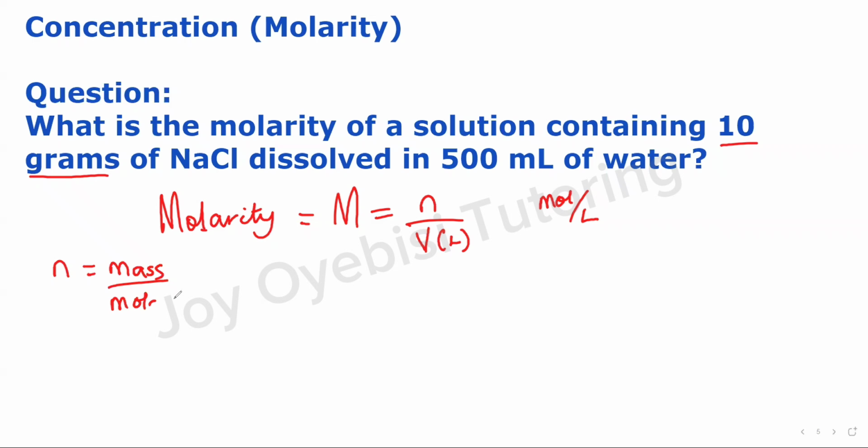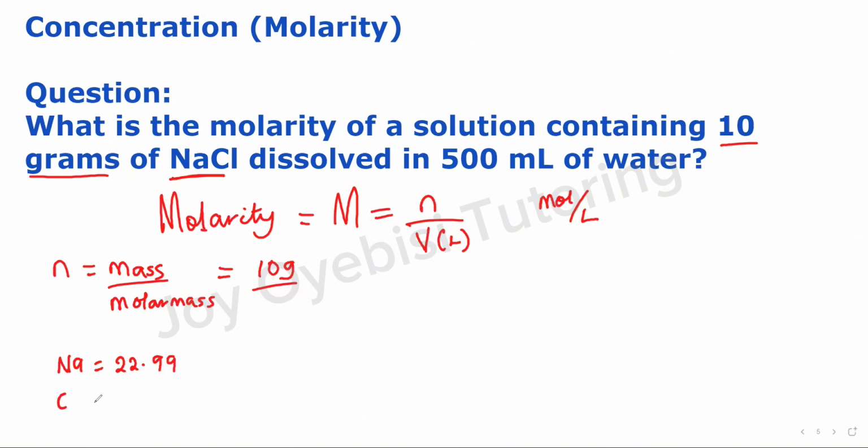So we have the mass, which is the 10 grams, but we don't have the molar mass. To find molar mass, we would use sodium chloride, because they said 10 grams of sodium chloride. Starting with sodium, we have only one sodium, which is 22.99 times 1. It's going to give us the same thing.